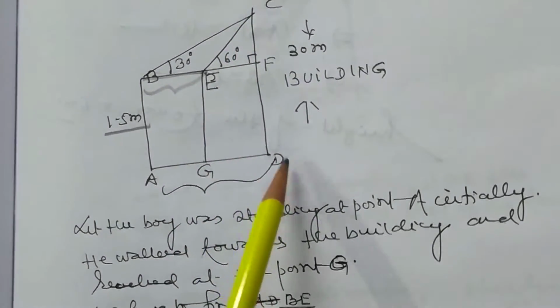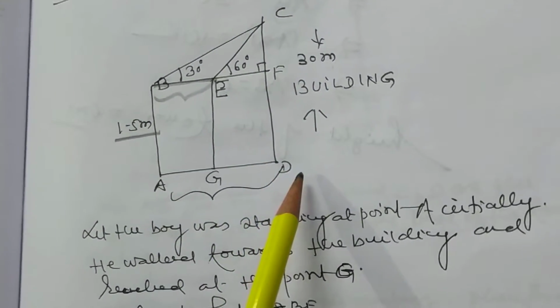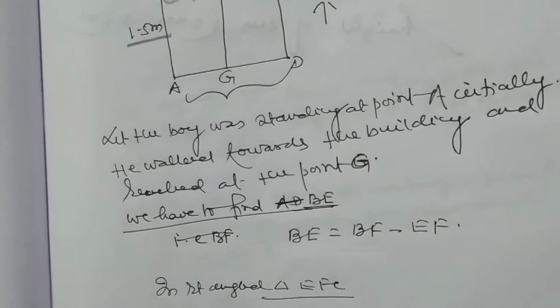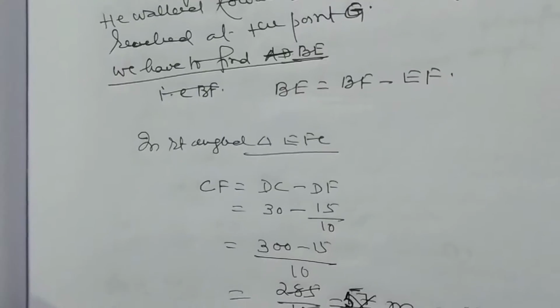Subtracting 1.5 from 30 meter, we will get CF. So CF is 57 by 2 meter.